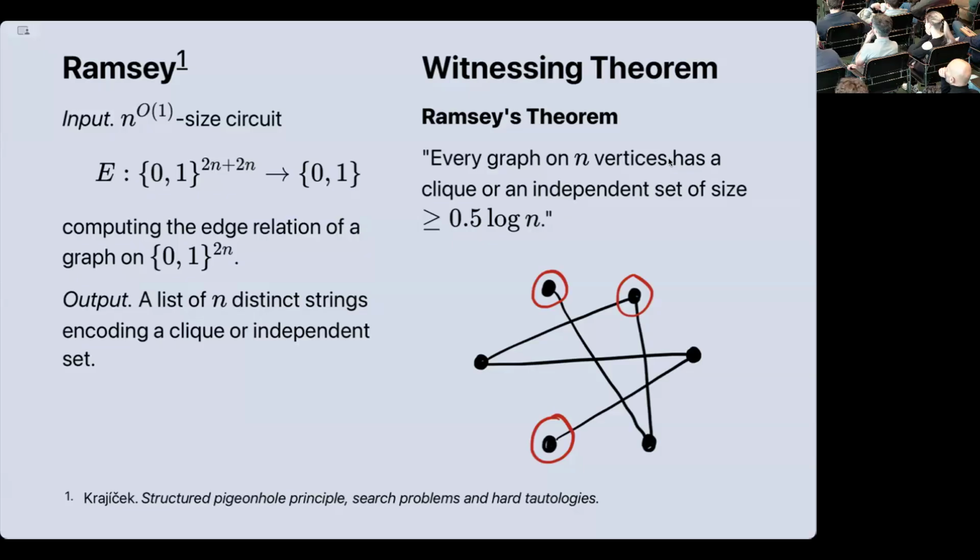Now the edges of the graph are encoded succinctly, and it's hard to find a way of proving the existence of this thing when the graph is essentially provided to me as not really a white box, but still we don't know how to analyze circuits, so it's very hard to imagine how we could get some handle on where the independent set or clique actually is.